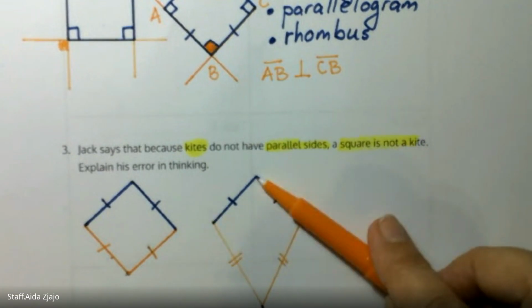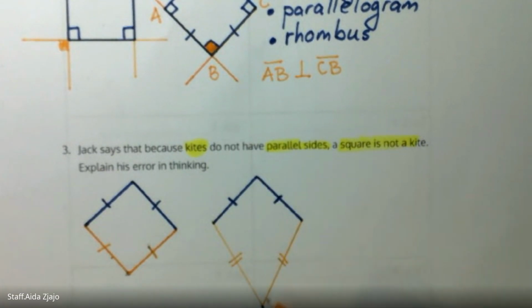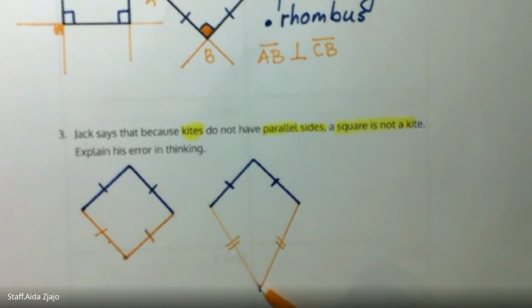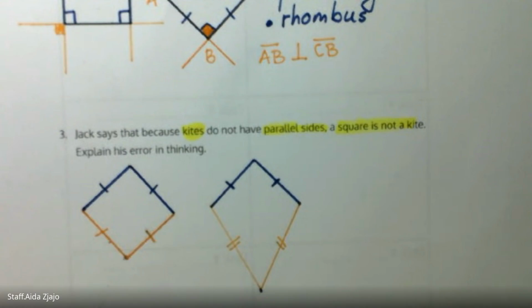So this is one pair, and this is another pair of adjacent sides, sides that are next to each other. So a square has one, two. This is a pair of adjacent sides, and this is a pair of adjacent sides, and that's why Jack is wrong, because we can call a square also a kite.